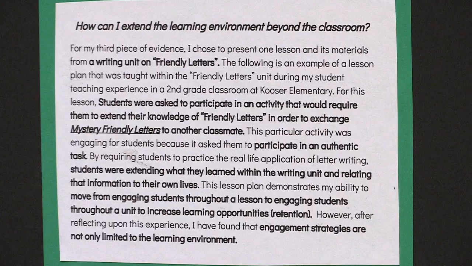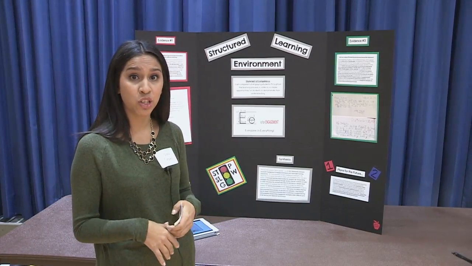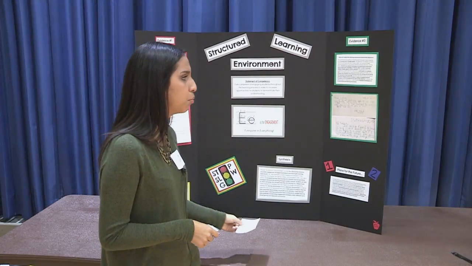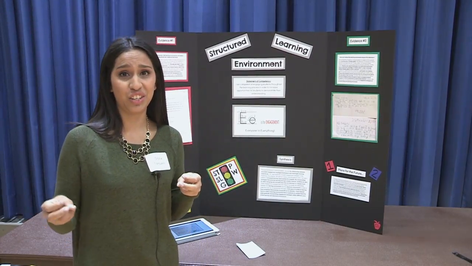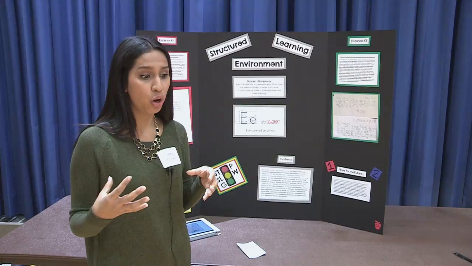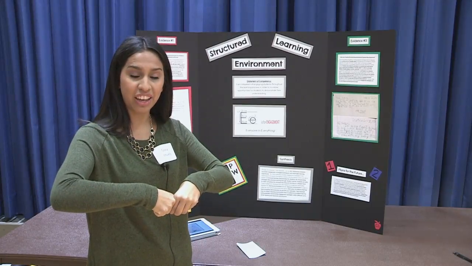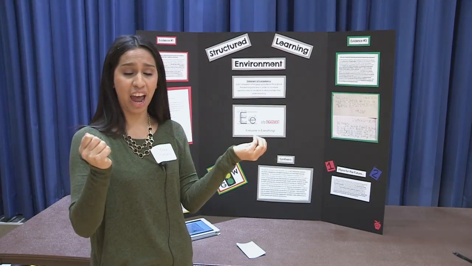And I taught these lessons within a writing unit, and we learned about friendly letters. And so one thing that I did to engage my students in this lesson was having them write mystery friendly letters. And so students were able to put their names in a bag, and then they drew names from that bag.